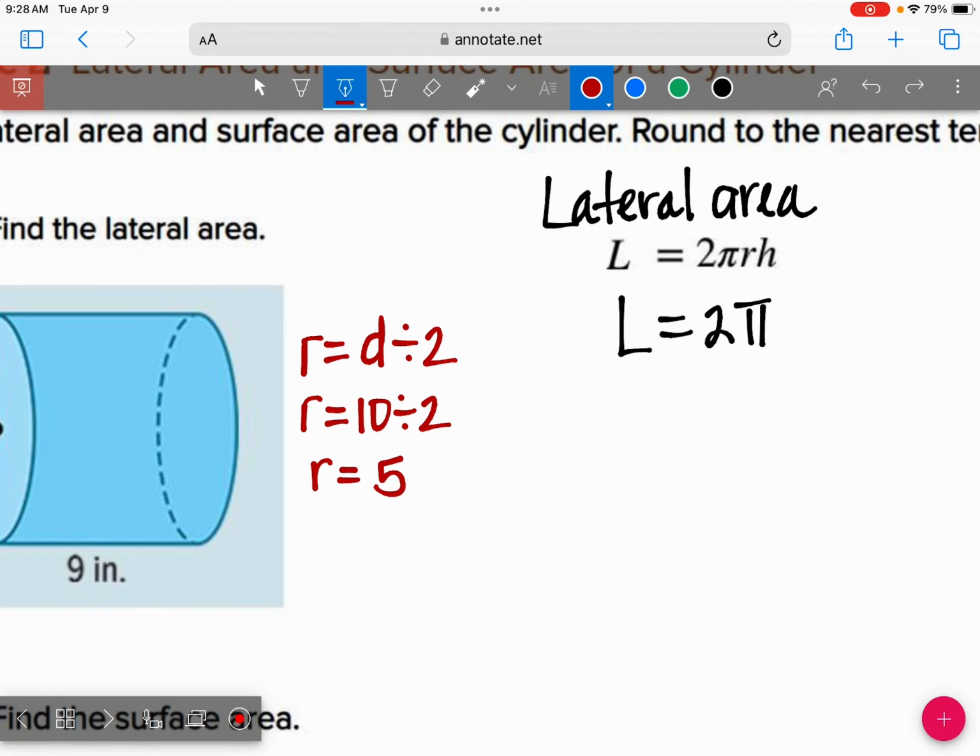So you have 2 times pi times your radius, which is 5. And then how tall is the cylinder? Does everyone see this side here? That's how tall it is. Even though it's laying on the side, the can is laying on the side, that's still the height. So the height is 9. So type that in your calculator and get your answer for lateral area.